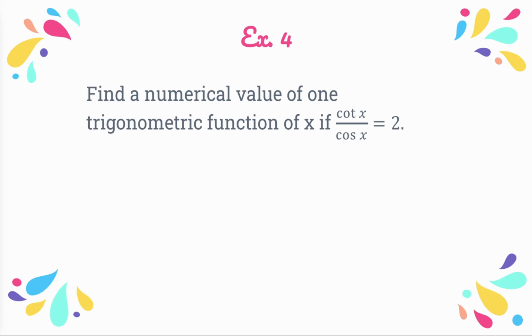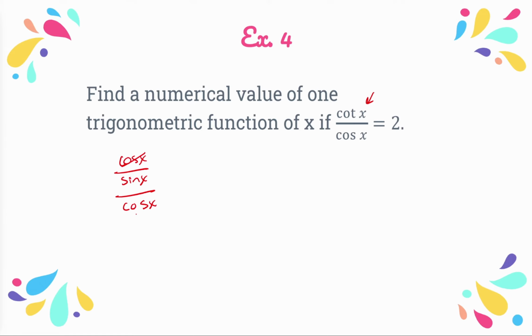Find a numerical value of one trigonometric function of x if cotangent x over cosine x equals 2. So this is not an identity. There is some value of x that makes this true. But what we're going to want to do is turn that cotangent into cosine x over sine x and divide that by cosine x.